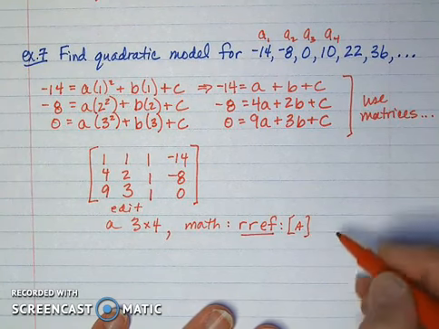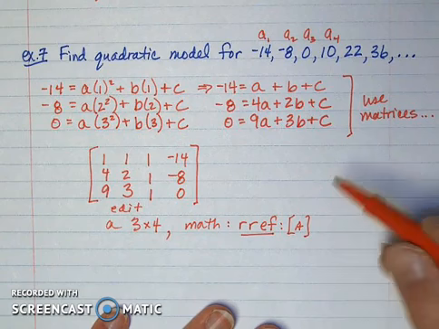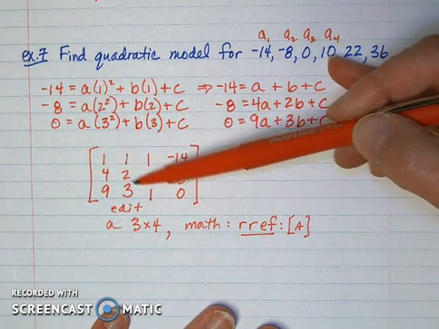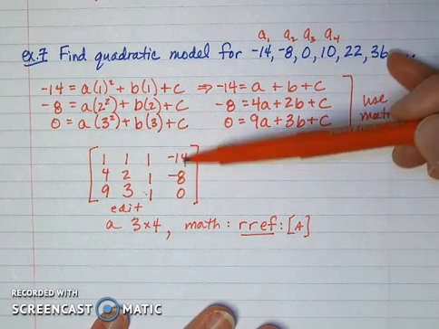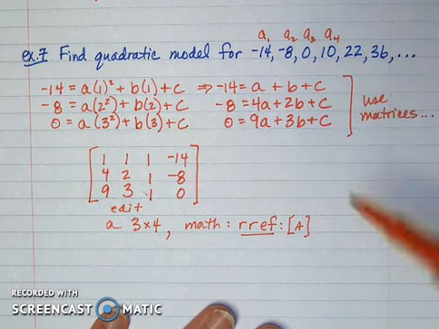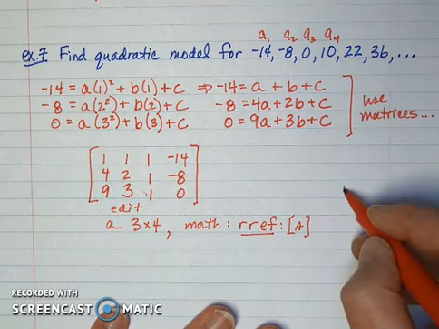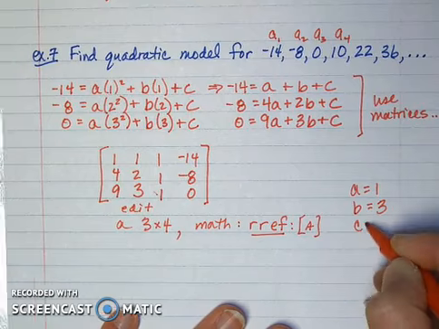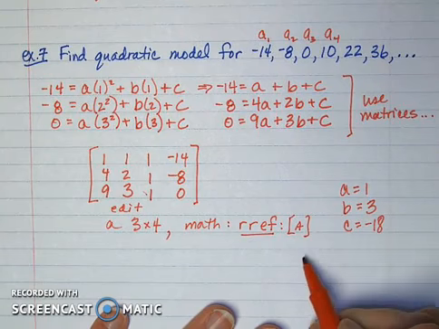And it will give you a matrix that will have 1, 1, 1 here in the diagonal. Everything else is zeros, but this last column will be your answers. And it will tell you that A is going to equal 1, B equals 3, and C equals negative 18. And you can write your equation that way.